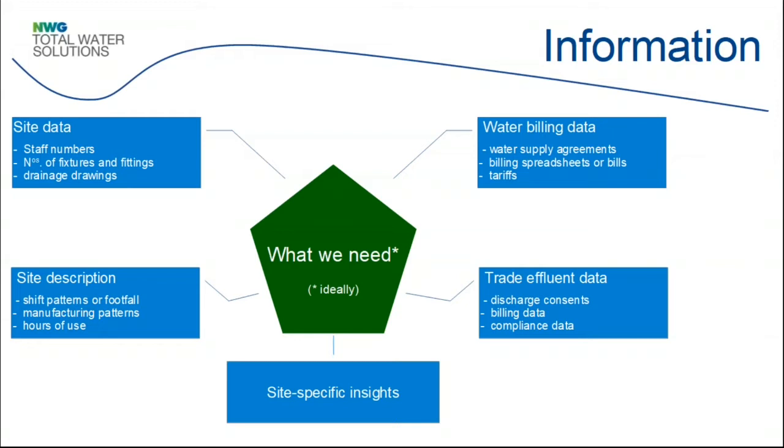If you're a manufacturer and have a trade effluent consent, then the bills that come with that and some idea of the consent limits are needed as well. And regardless of what your site does, a brief description of how water is used on site is also very useful. So for an office block, it will generally be for domestic purposes, plus perhaps kitchens and canteens.